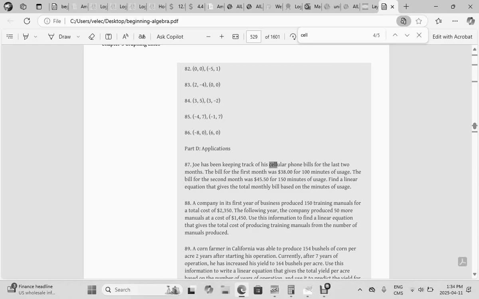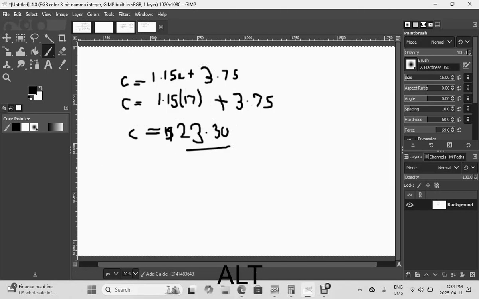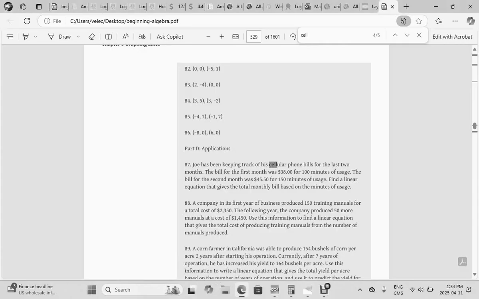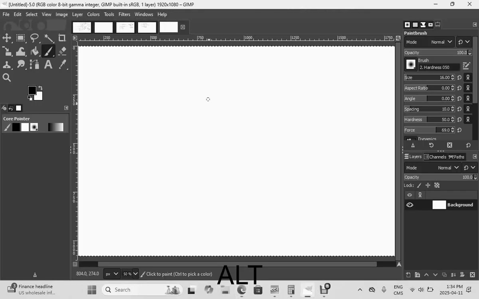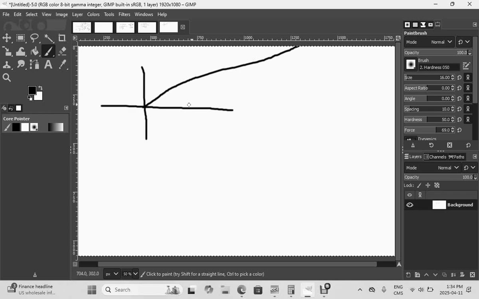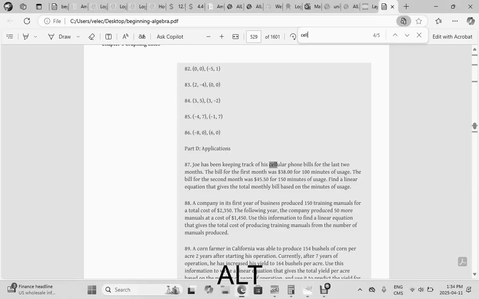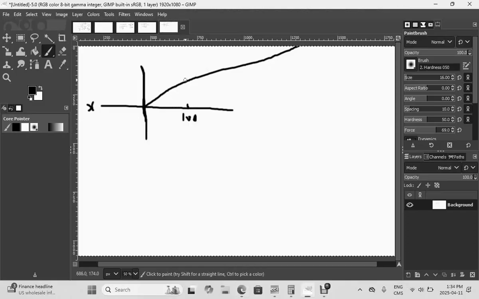So $38 for 100 minutes of usage. Let's say this is 100 minutes as your independent variable on the x-axis, and this is your y-axis, which means that for 100 minutes of usage, your dependent variable will be 38.